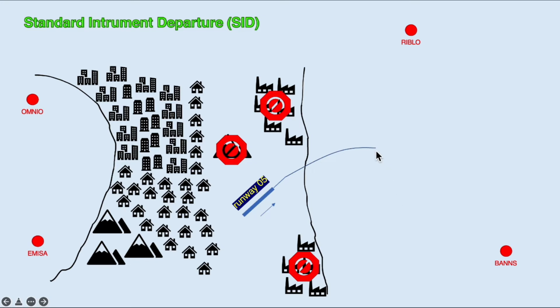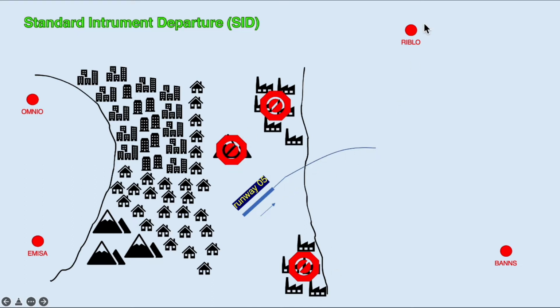But from here, how do you fly directly to these points? As you don't know the performance of the plane, you don't know if after here there is enough height to turn left immediately and to avoid this industrial area. So let's, at first instance, avoid these areas as well.